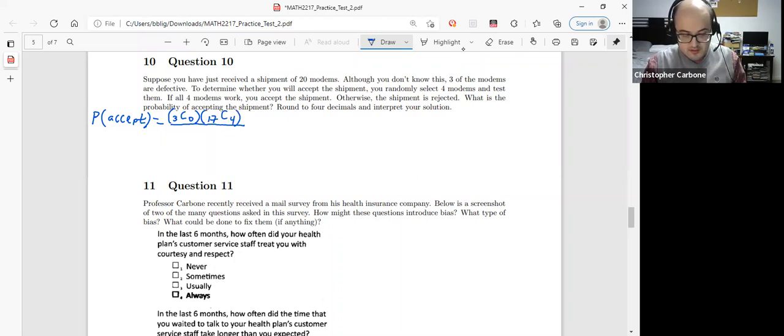So multiply those 2 and divide it by 20 total modems, and we are choosing 4 of those. 3 choose 0 just gives us 1. 17 choose 4 gives 2,380. And 20 choose 4 gives 4,845.